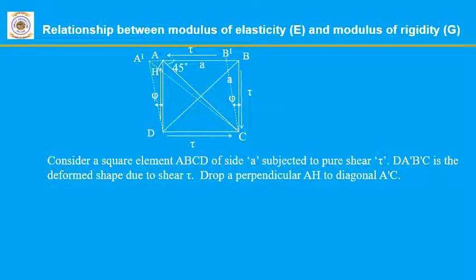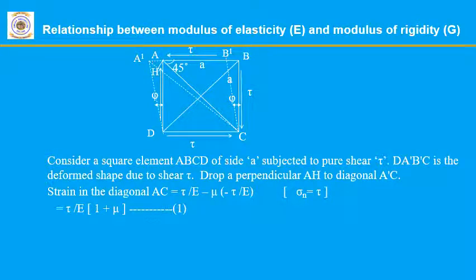DA'B'C is the deformed shape due to the application of this pure shear stress. Now we draw a perpendicular line AH on the line A'C. So this distance HC is the same as the diagonal line AC.